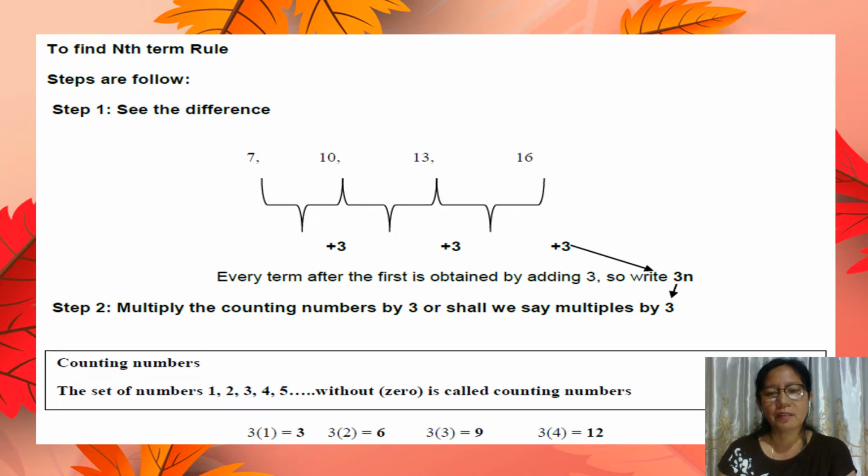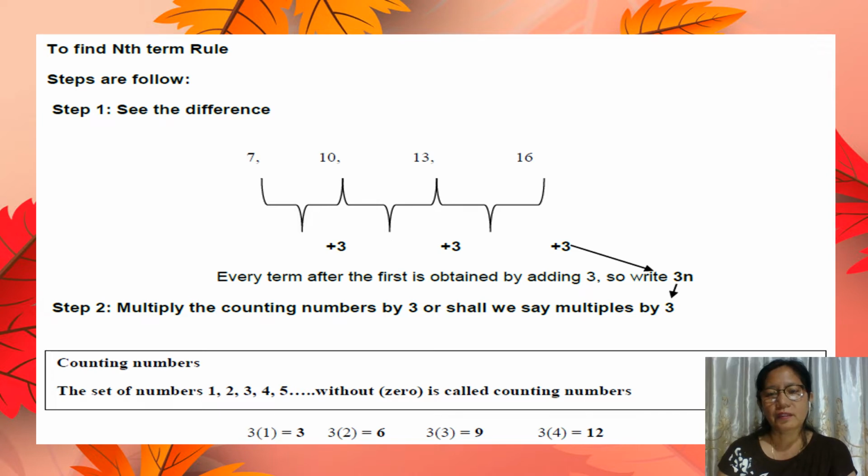So we write 3n. N is a counting number, or let us say a multiple of 3 times n. Counting numbers are the set of numbers 1, 2, 3, and so on.